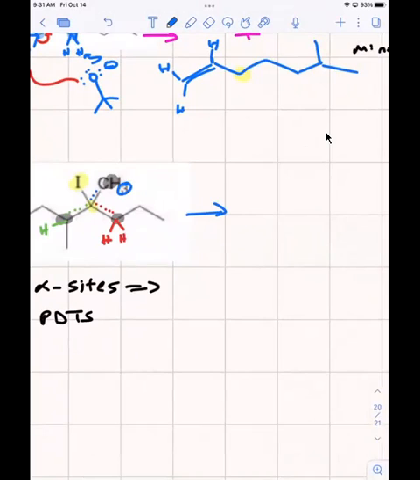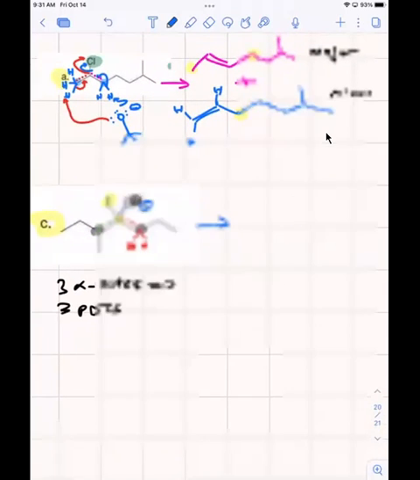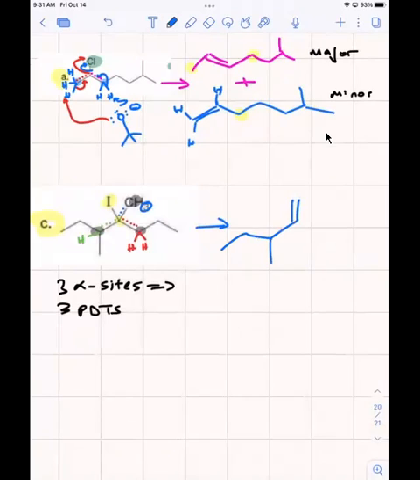Now, if it asks for a mechanism, then by all means, you got to go in and show the proton transfer. But since it's all concerted, it's really just 3 arrows. The base pulling off the proton, the bond between the proton and the carbon going, those electrons going to make the double bond, and then the leaving group leaving. So with that top one, that's going to look like this. That's the blue proton coming off.